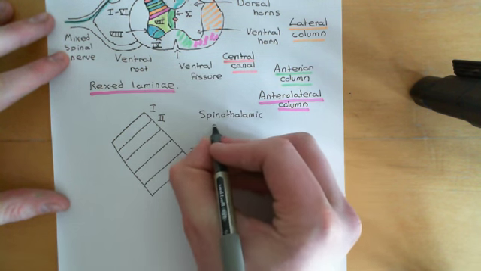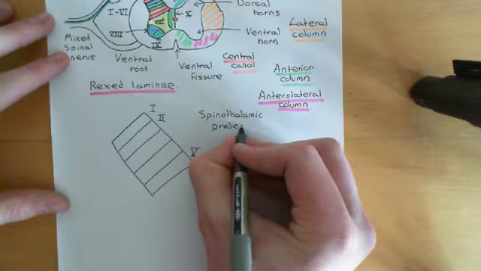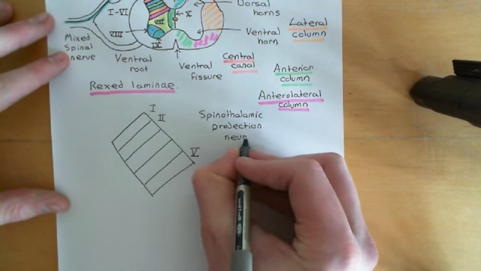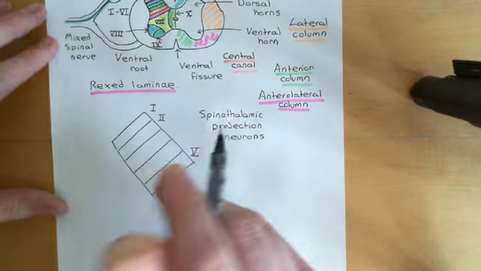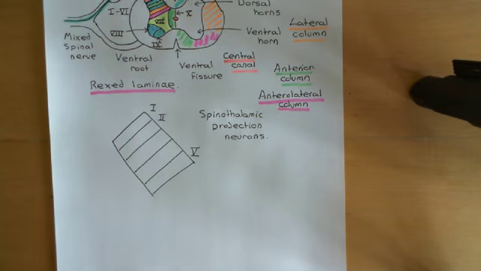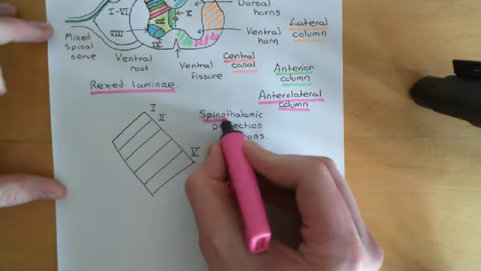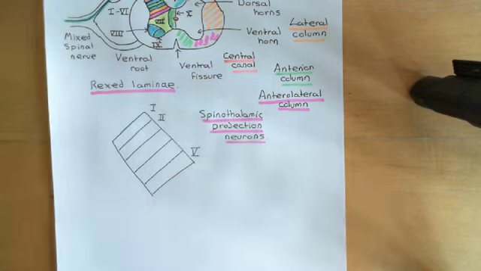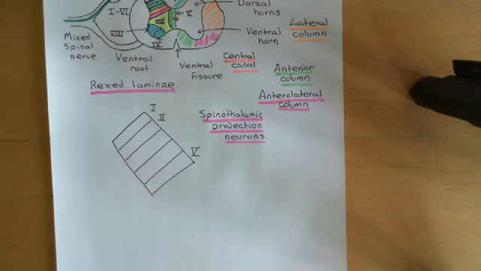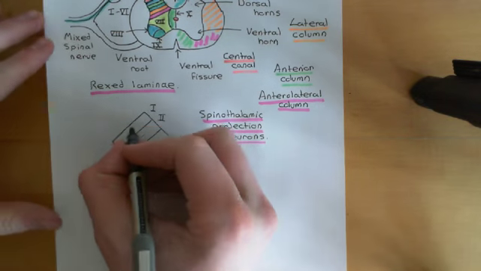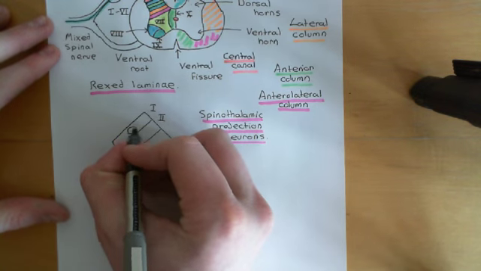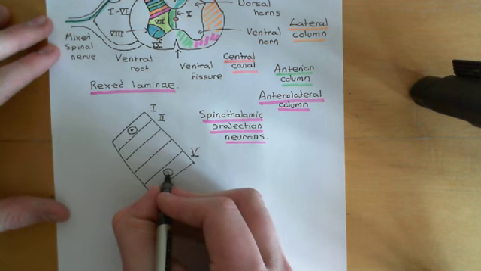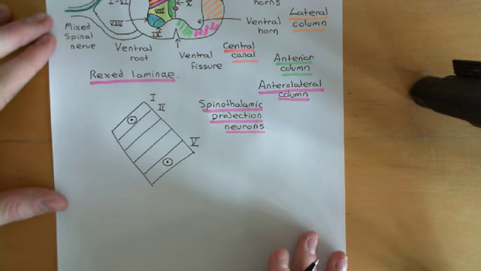You can call them the secondary nociceptive neurons, whatever you want, but I will probably refer to them as the spinothalamic projection neurons. They are going to be in Rexed lamina number 1 and number 5. So here are their cell bodies. Here's one, and here is another one in Rexed lamina number 5.